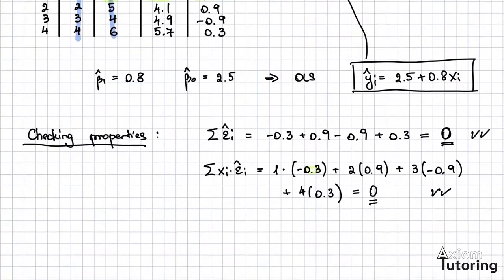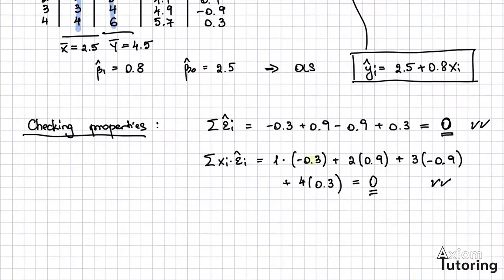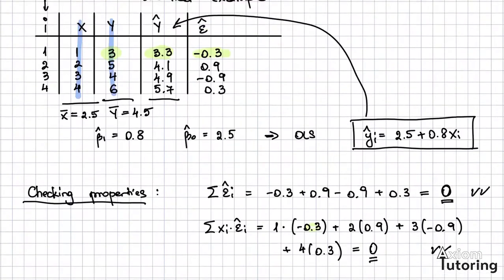The last one, the line passes through the means. We can very easily compute here that the x bar is going to be 2.5 and the y bar is going to be 4.5. From here, we can evaluate the following. We can also evaluate the average of the y hat, which will turn out to be 4.5.